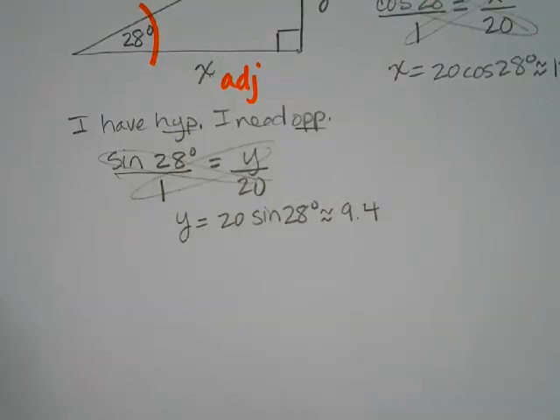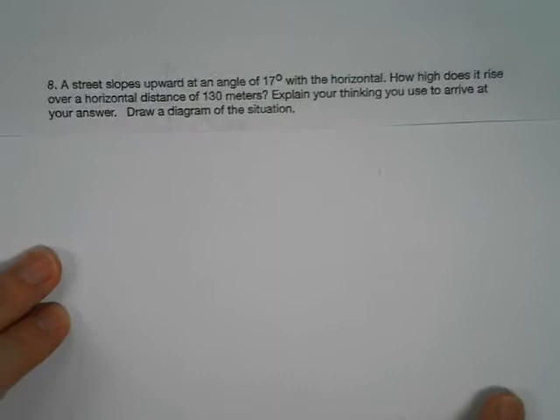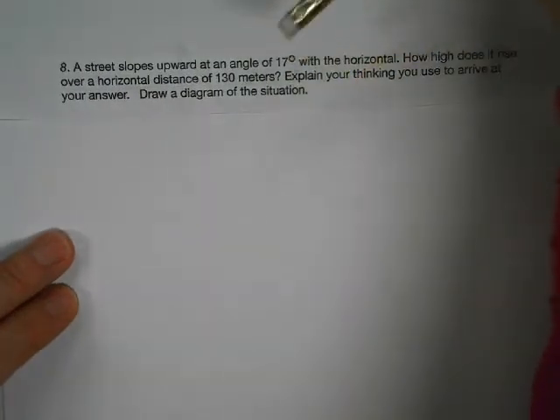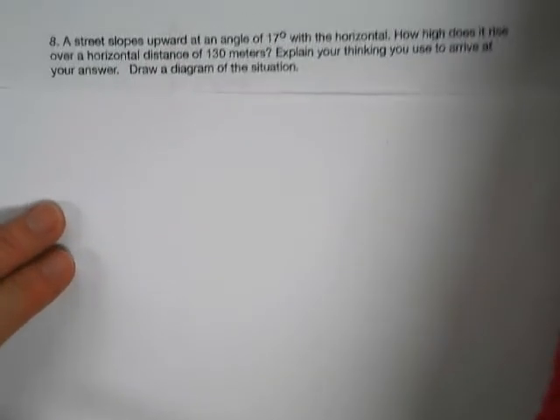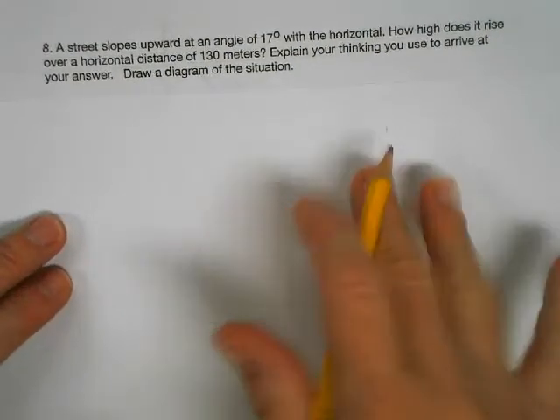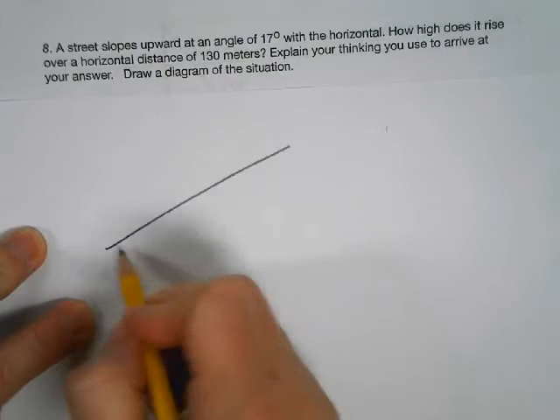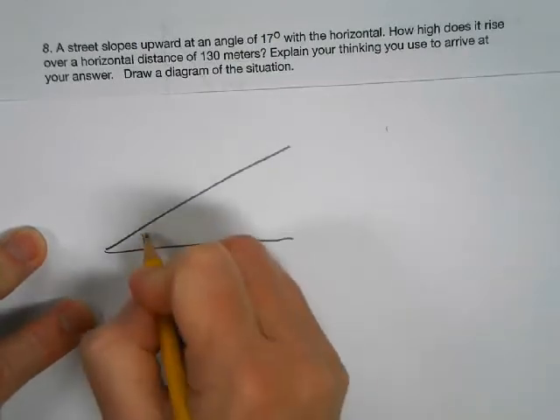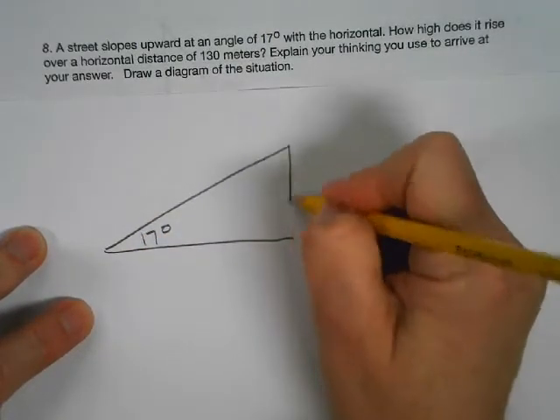Okay, for number 8, the street slopes upward at an angle of 17 degrees. Oops, let's get this on the screen. Okay, street slopes upward, angle is 17 degrees with the horizontal. So right there, you know it's going to look like a right triangle.